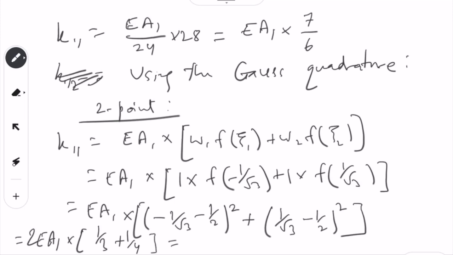So we get 7 over 12, so basically 7 times 2 is 14, so it becomes EA1 times 14 over 12, or EA1 multiplied by 7 over 6, or 7 over 6 EA1.